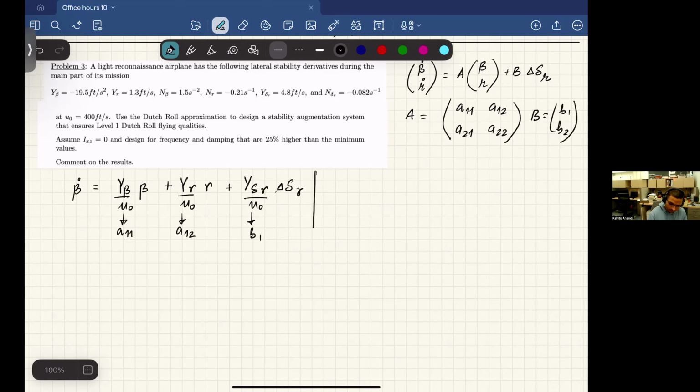Similarly, you will look at the r dot equation. So the r dot equation is n beta times beta plus n r times r plus n delta r times delta r. So this is going to be A21, this is going to be A22, and this is going to be B2.